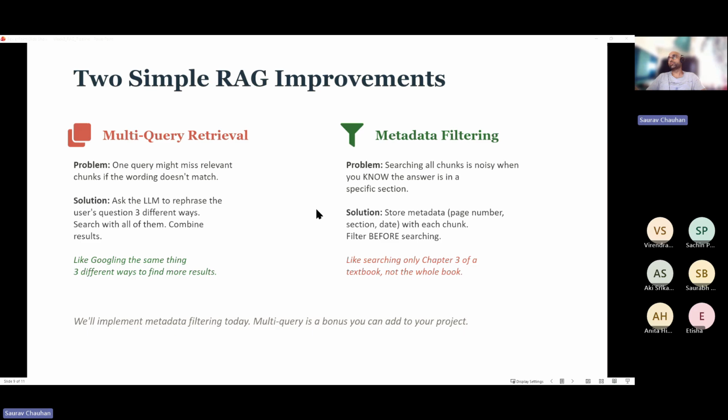If it's about food, travel, etc., and you find those categories, you're only going to look into those chunks. There are different kinds of categorization that you do, and based on that, you can filter with the metadata. So multi-query retrieval and metadata filtering are two things that can improve your RAG pipeline.